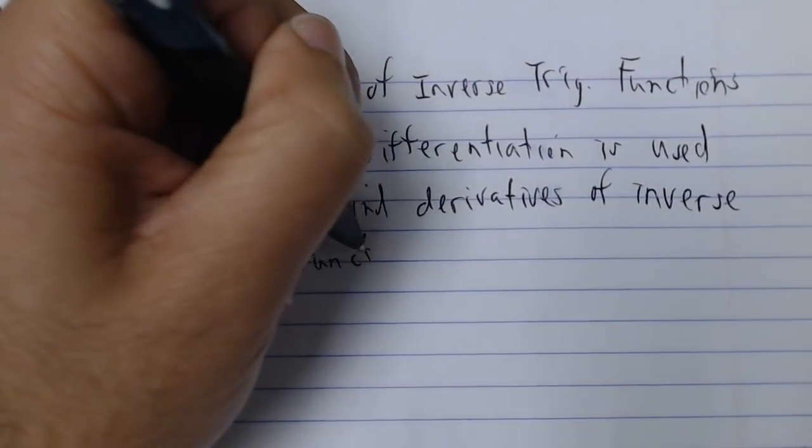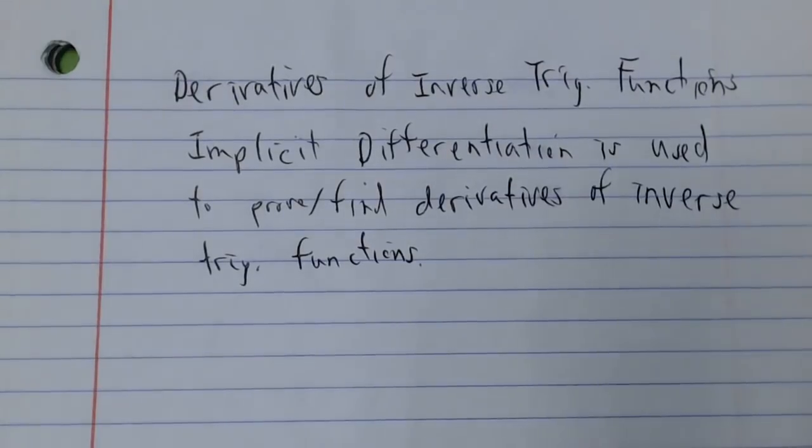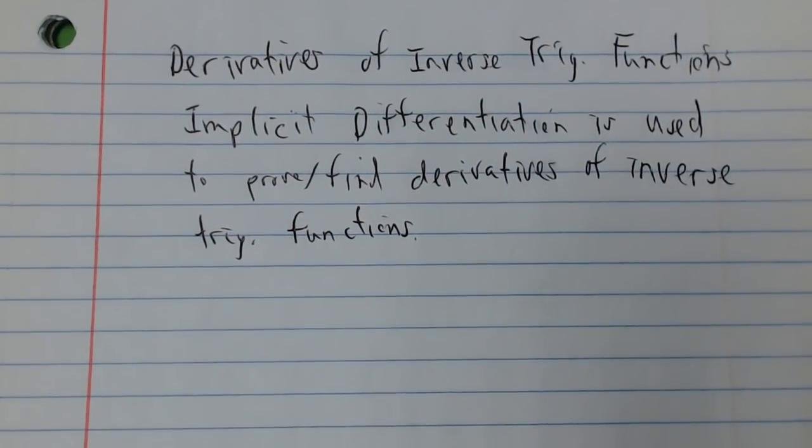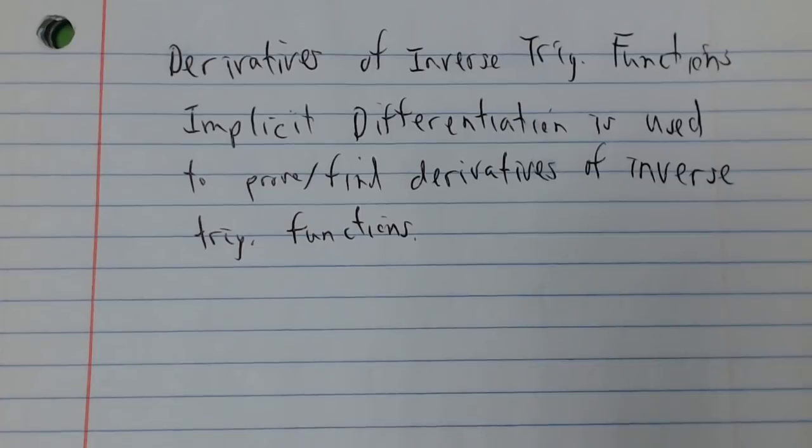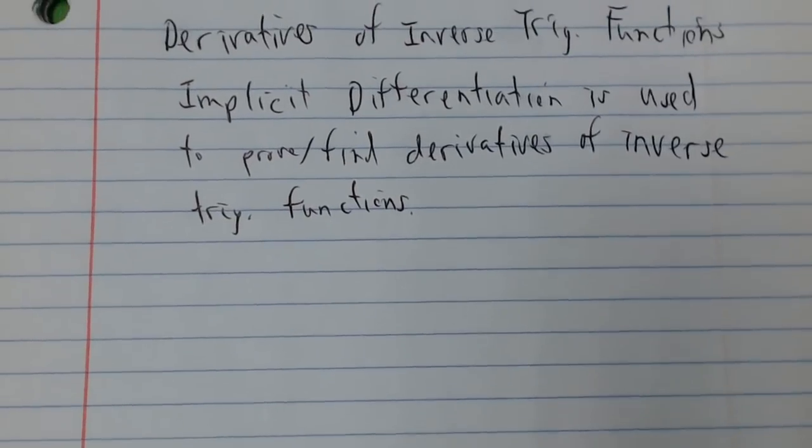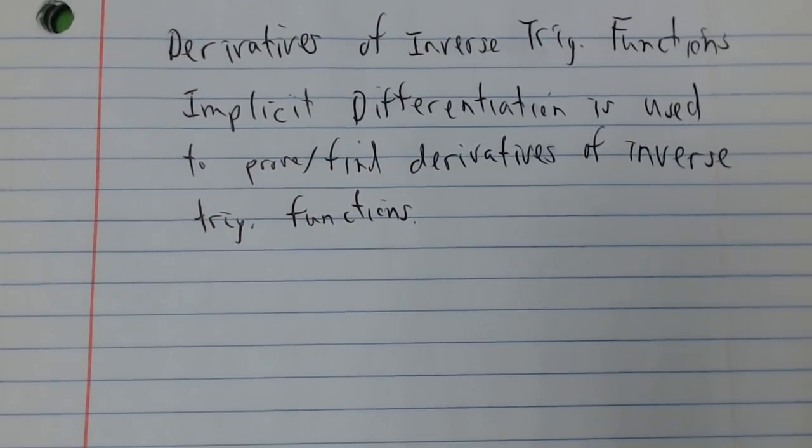So I'm going to go ahead and give you the derivatives of inverse trig functions, and like I said, I would memorize them. But if you forget them at any point, you could find the derivative of inverse trig functions without any problems. You just have to use the idea of implicit differentiation. So if you're interested in finding out how, you could ask me in class and I'll show you.